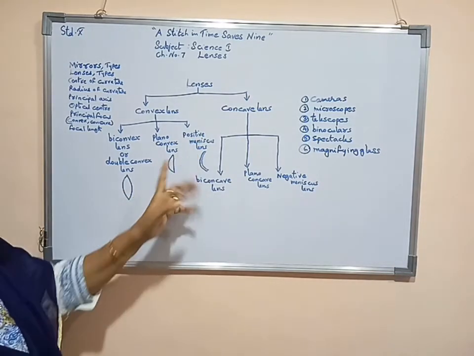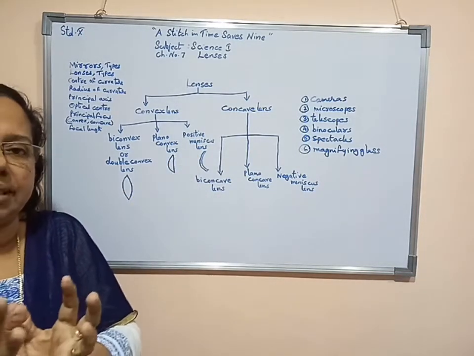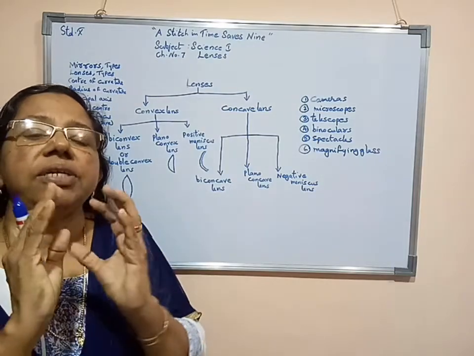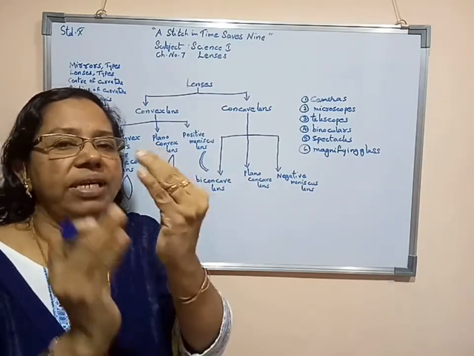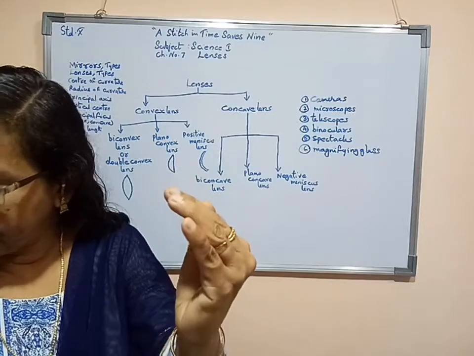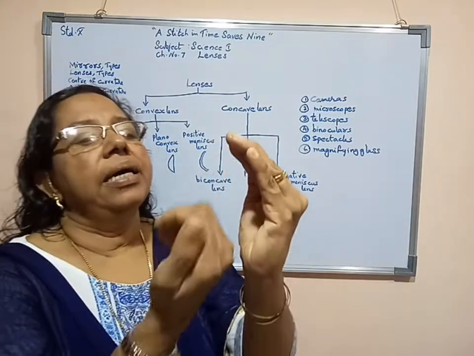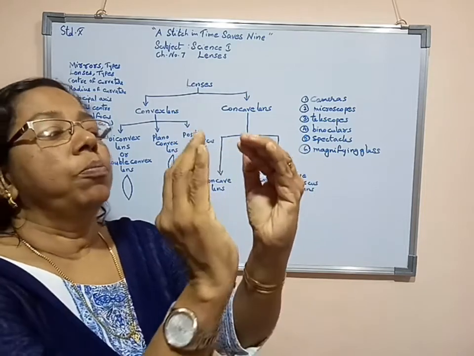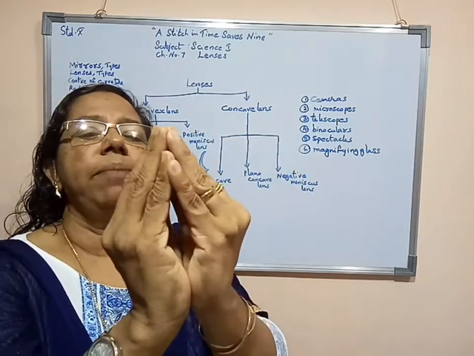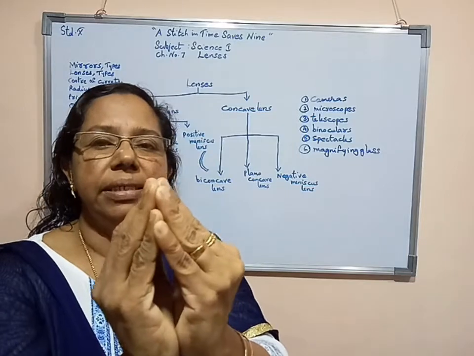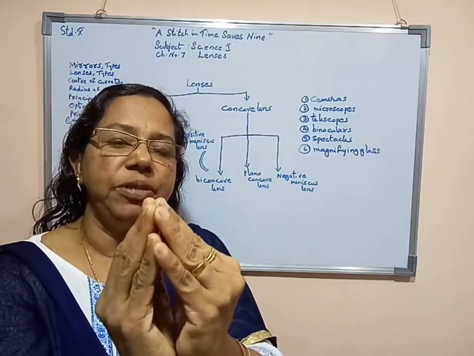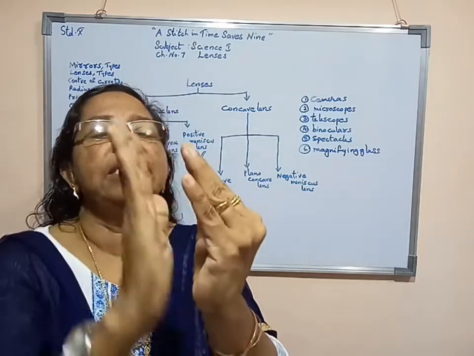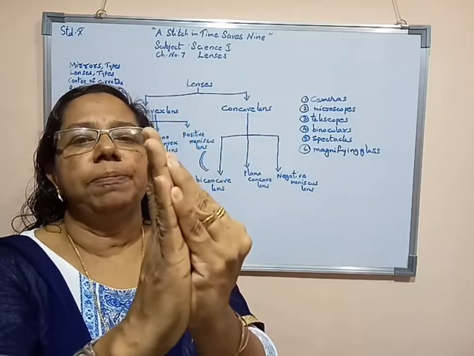Such a lens will have two surfaces. One surface will be bulged, the other surface will be concave. Now, biconvex lens means both the surfaces will be bulged. Plano convex lens means one surface will be bulged, the other surface will be plain.